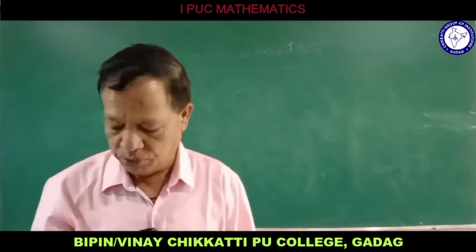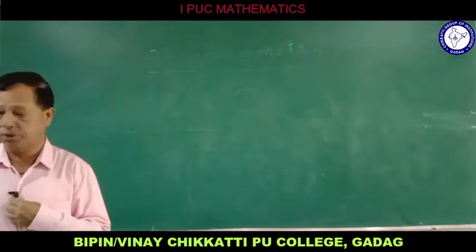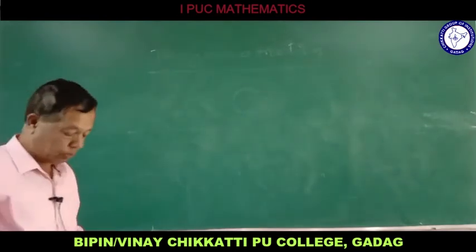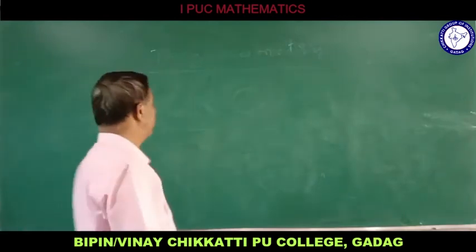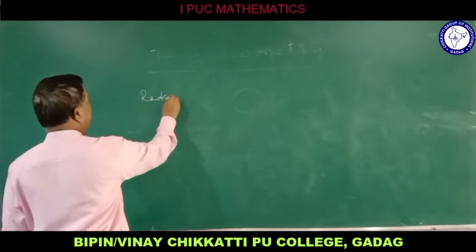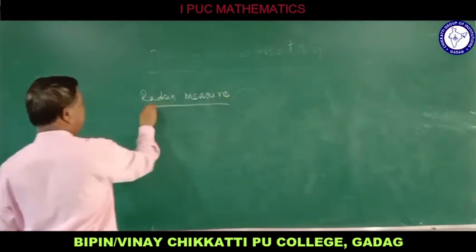Likewise, now I want to say that another system is called the circular system, and thereby you can see that the measurement of angle is nothing but radian measure. So now here I want to explain what is radian measure. The second system, the circular system, in which I am going to discuss radian measure.